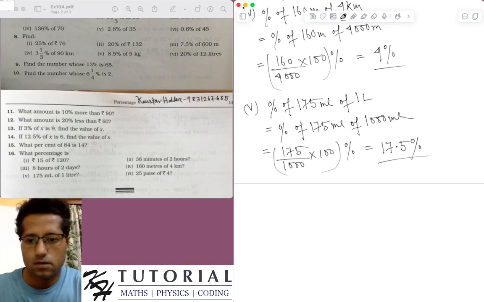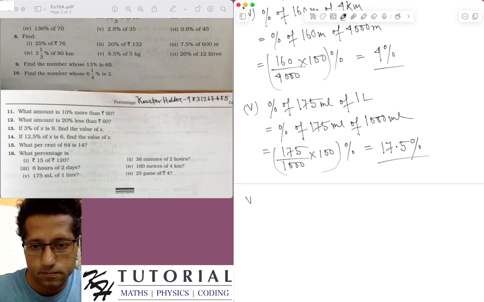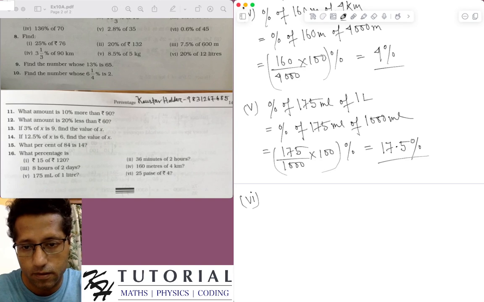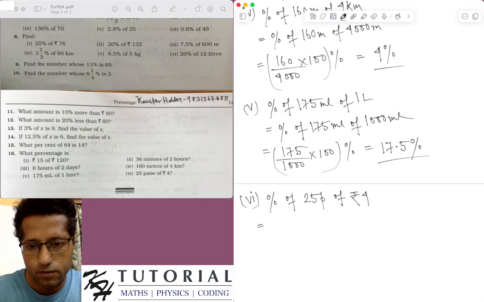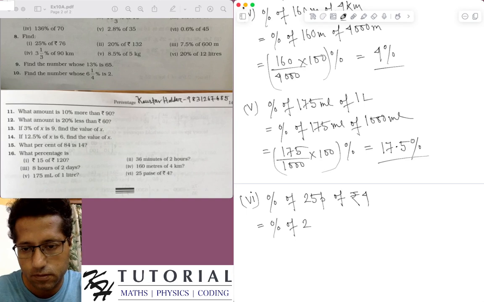Okay, part 6. What is the percentage of 25 paisa of rupees 4? Now we have to convert the rupees 4 to paisa. So 4 rupees means 400 paisa.